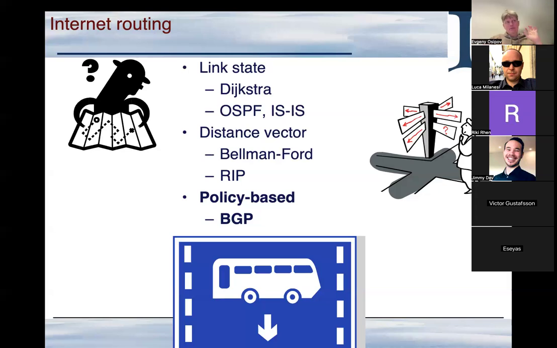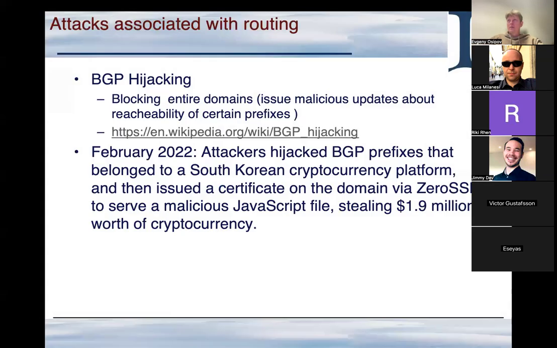And apparently, this is the juiciest part of the internet infrastructure for attacking. The typical type of attack for this level is BGP hijacking.